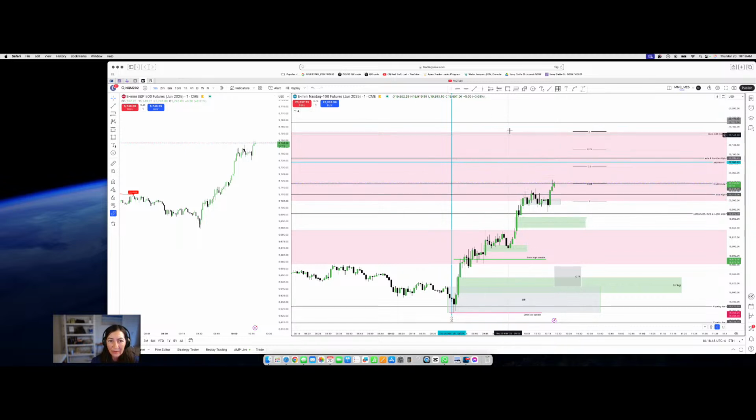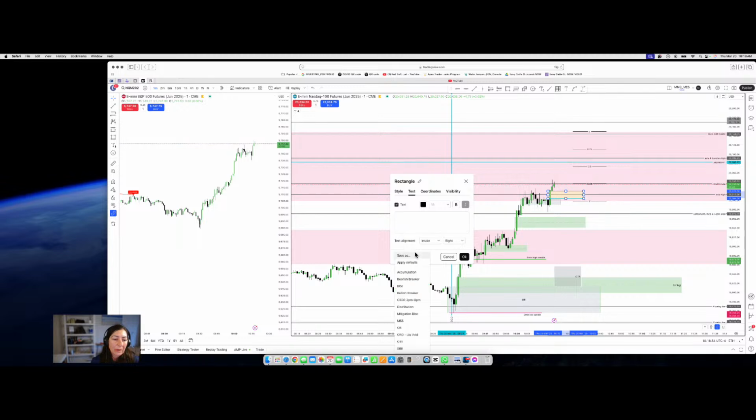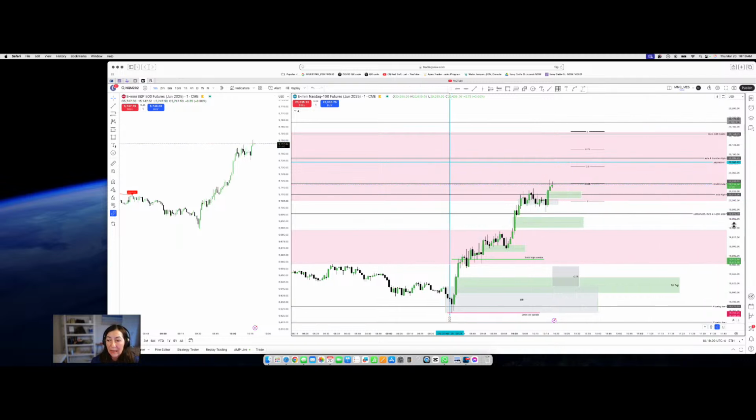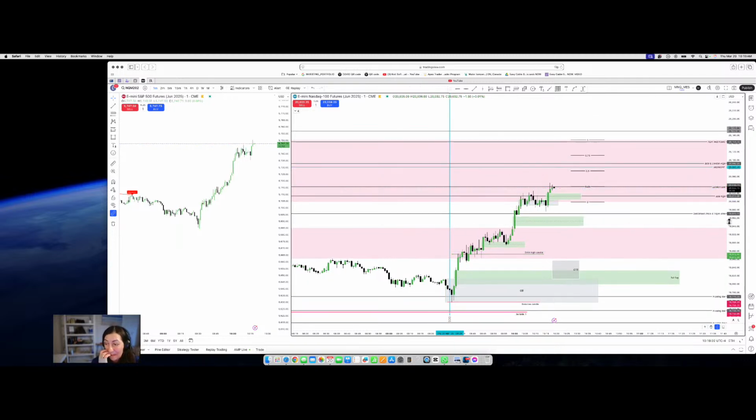Yeah, I've got another fair value gap here. I like to add exactly what I'm doing. If I wasn't with you guys, this is how I mark up my chart. This is how I'm engaged with price rather than just watching price move up and down.